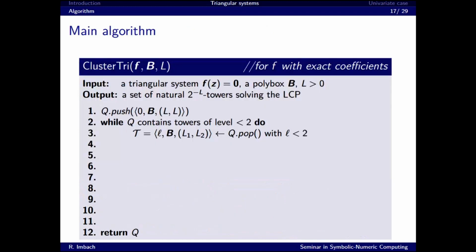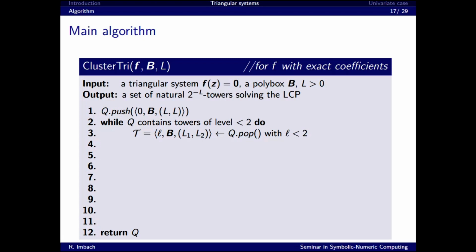Well, now, this is our main algorithm. So we have an input, a triangular system, an initial domain B, and a precision L, capital L. And we want to output a set of 2 to the minus L towers that solve the LCP.